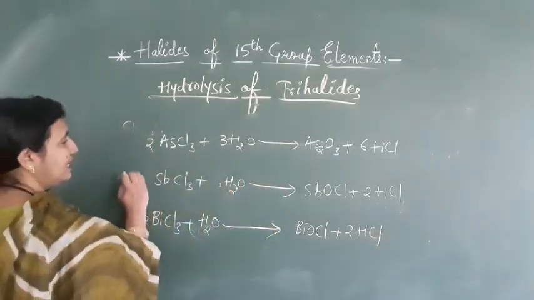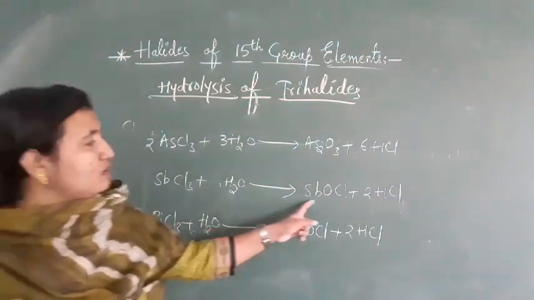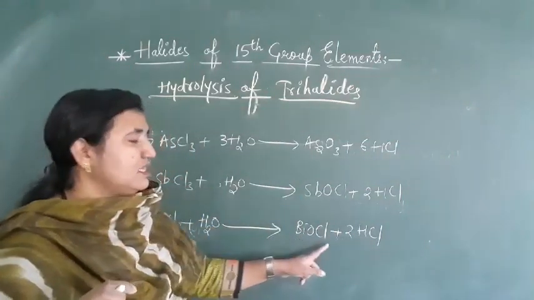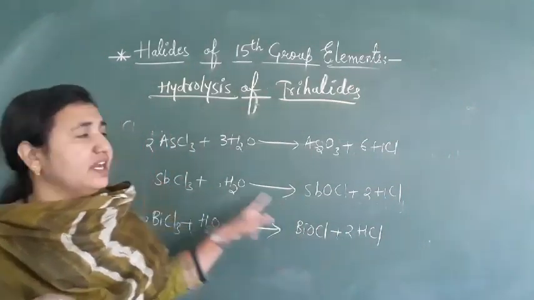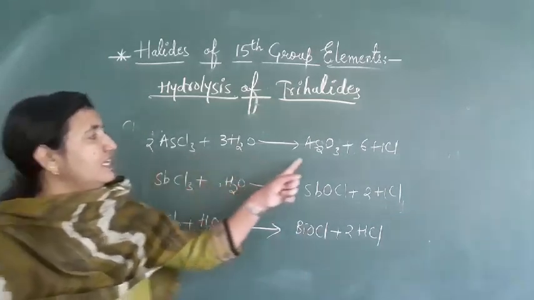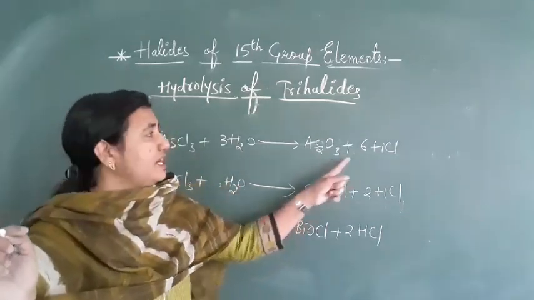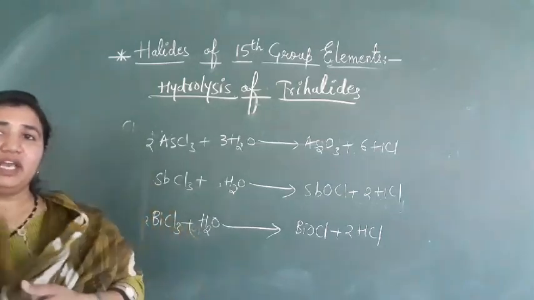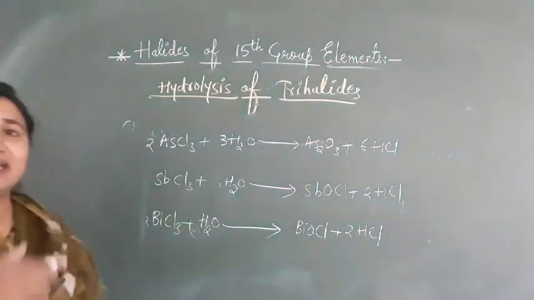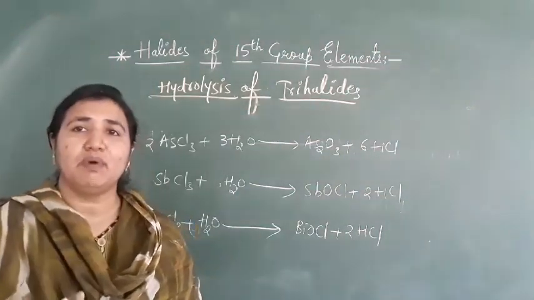So we get antimony oxychloride or bismuth oxychloride, and with arsenic we get arsenic trioxide and acid.